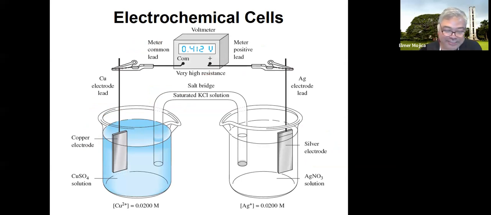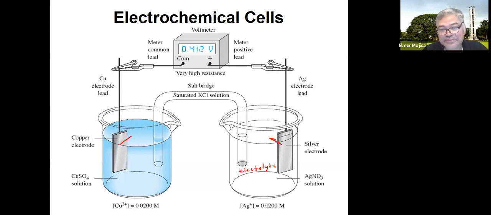Electrochemical cell usually consists of what? Two electrical conductors, and we call them electrodes. Okay, so these are the electrodes, and they are immersed in, anong tawag natin sa solution na to? Electrolyte. Okay. And for a current to develop, they said there's three things that you need.